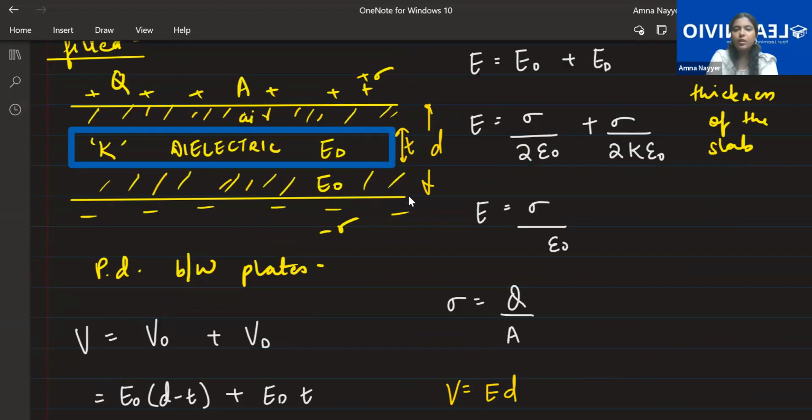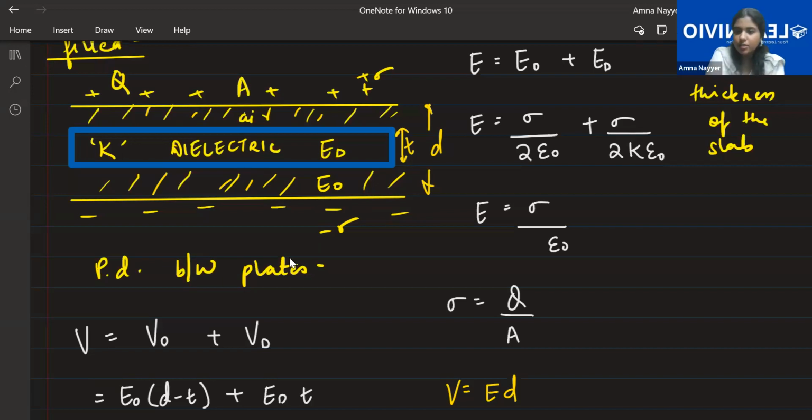here the separation between the plates is d and the thickness is t. So when we write down the potential, what is the potential? Potential of the dielectric slab will be electric field of the dielectric slab into its length. Similarly, potential due to air will be electric field due to air into its distance.